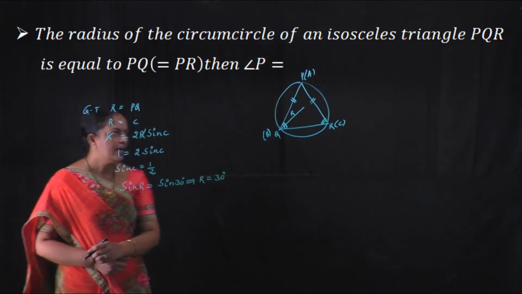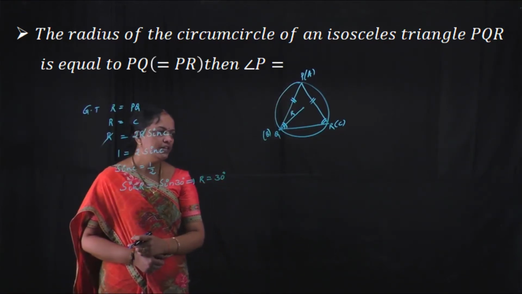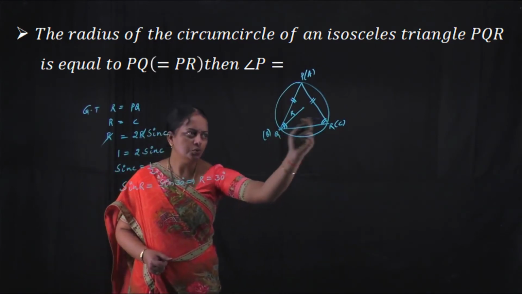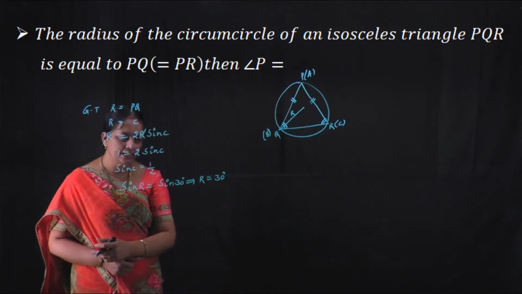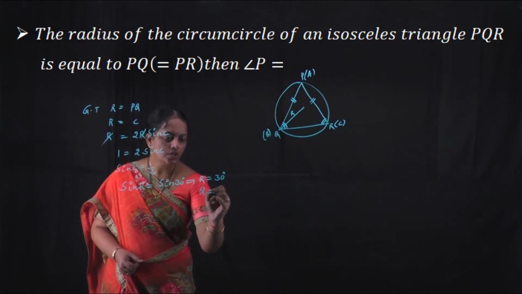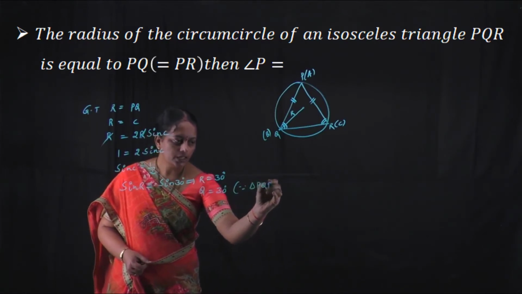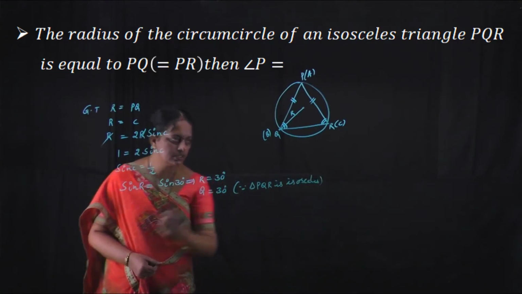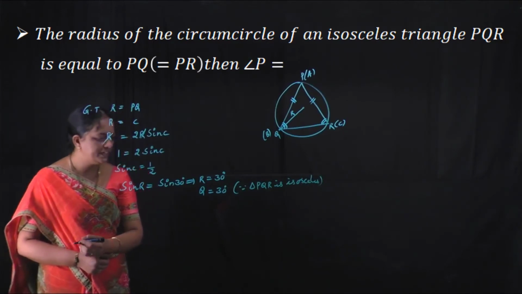Since triangle PQR is isosceles and the sides PQ and PR are equal, automatically angle Q and angle R are equal. Here angle R is equal to 30, so angle Q also is equal to 30. We know that the sum of angles in a triangle is equal to 180.